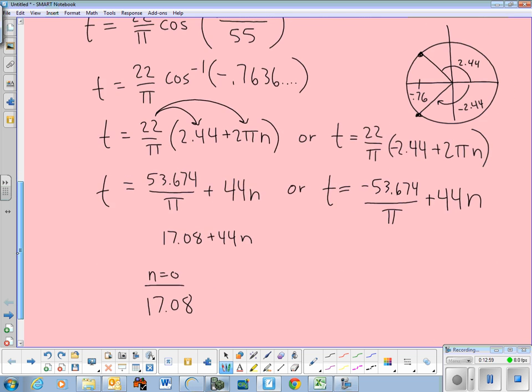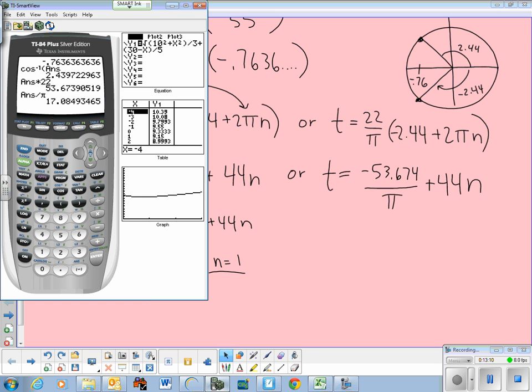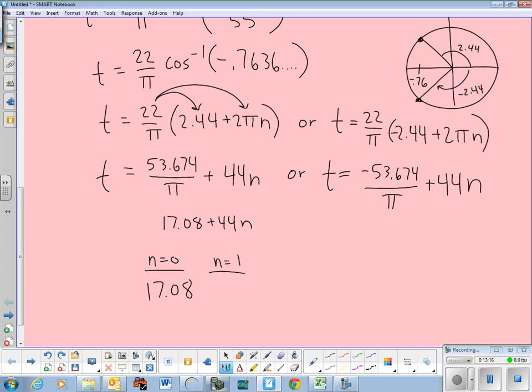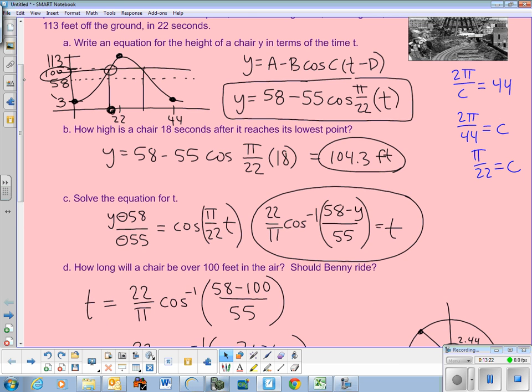My other number then, over here, this one was negative, by the way, if I add 44 to this one, for n equals 1, 17.08 plus 44, should be able to do that and make sure is 61.08. And that would be happening over here, the next time up.